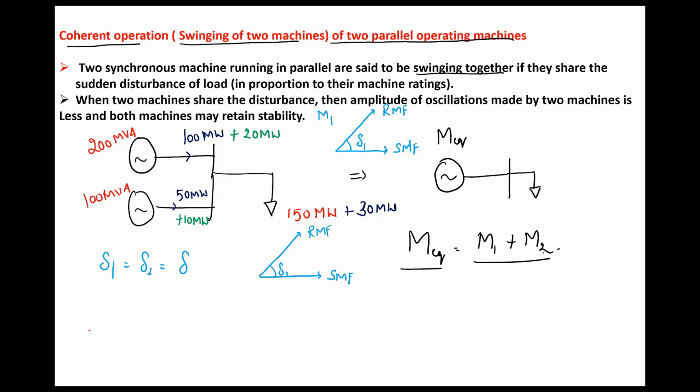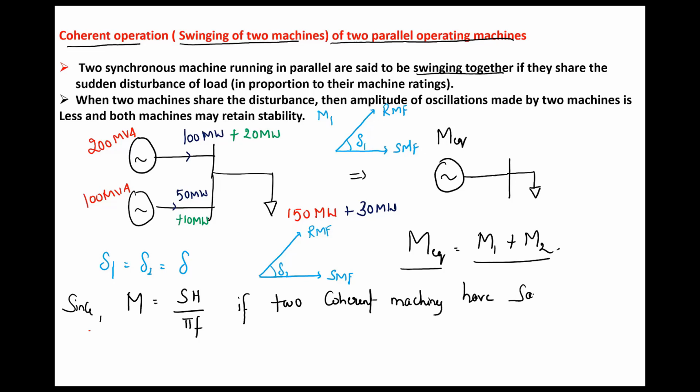So, because M is equal to what? SH by pi f. Since M is equal to SH by pi f, if two coherent machines have the same MVA rating, then what can I write?